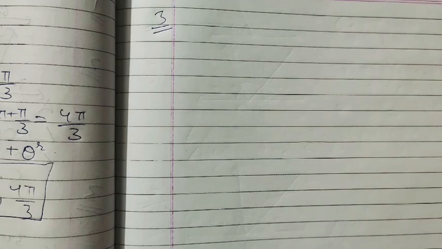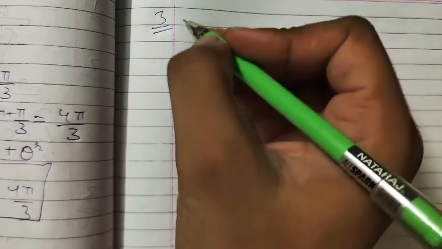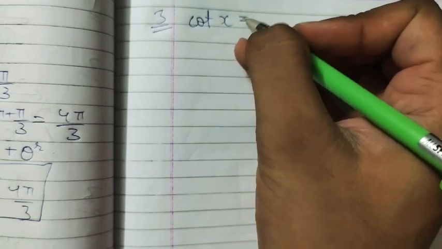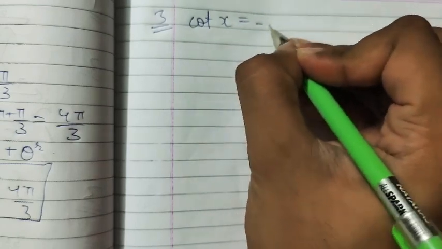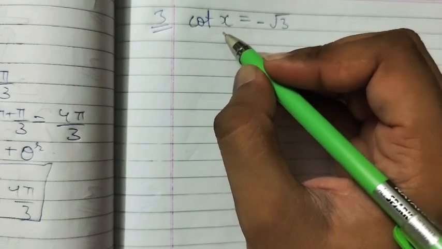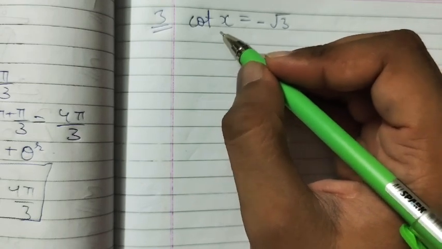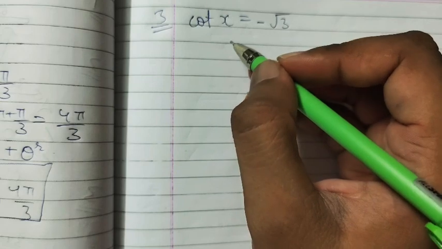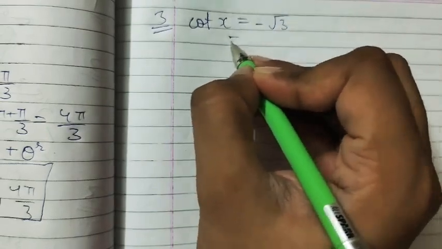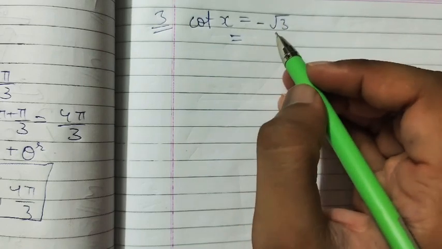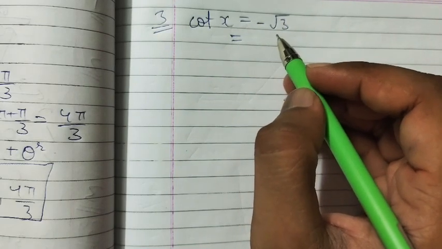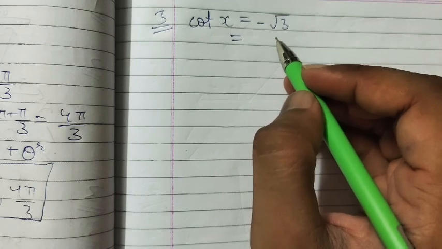Now question number third. Question number third is cot x. So cot x is equal to minus root 3. Now cot is negative in which quadrant? Second and fourth quadrant, right? Second and fourth quadrant, cot is negative. So we can say this will be equal to, now cot value is root 3 at cot pi by 6, right?